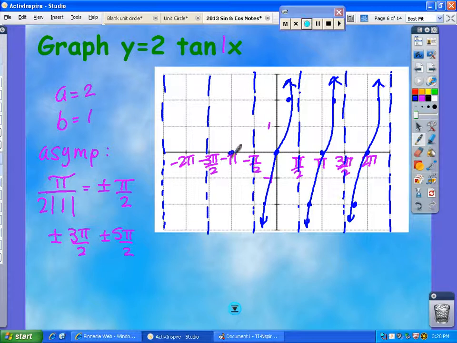My 0 is at negative pi, half the distance and go down, half the distance and go up. And then finally, my 0 is at negative 2 pi, half the distance and go up, half the distance and go down. All right, so there's my graph when I've stretched it up 2.